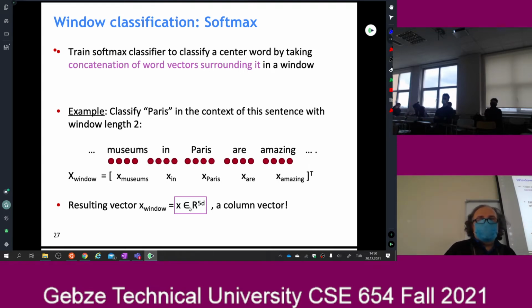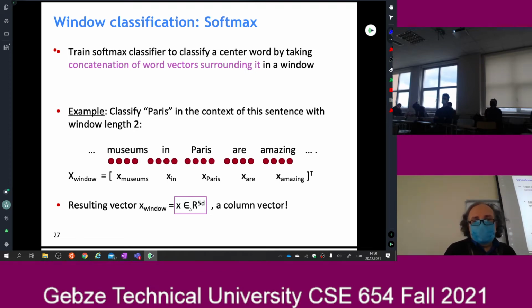So that's what I'm going to do. I will get the word vectors for each of them, put them together, and I'm going to make a new X vector. Okay, its size will be 5 times D. D is the regular word vector size, right?